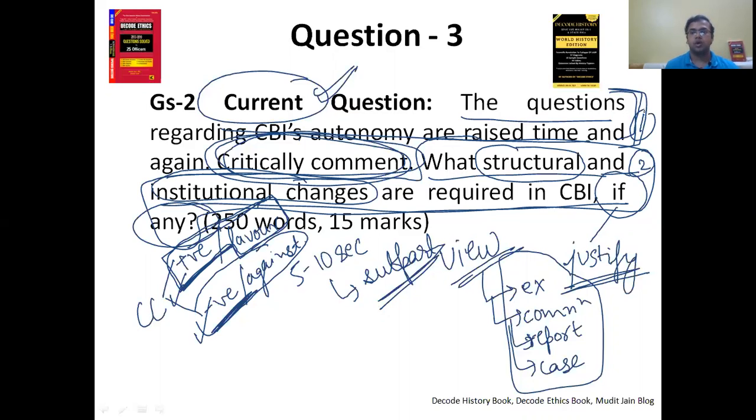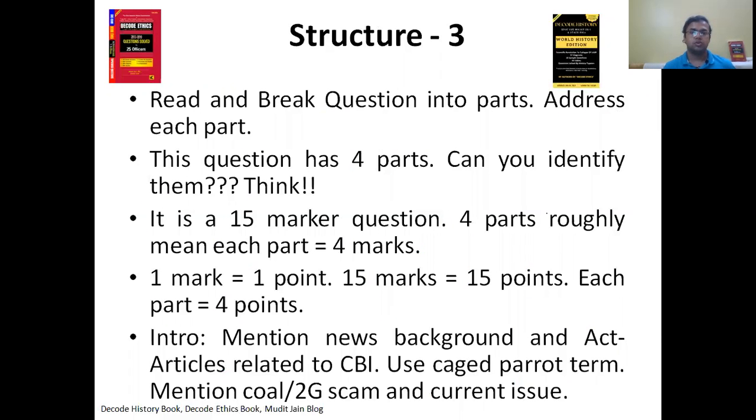Some of you who are aware of how to handle a critically comment question would have identified three parts, two in this and one here. And I believe and I hope that some of you would have identified four parts correctly. So we have broken the question. We'll address each part, four parts, and it is a 15 marker question.